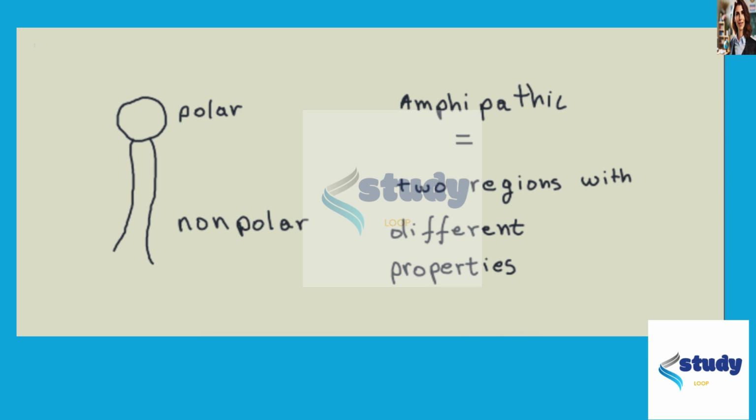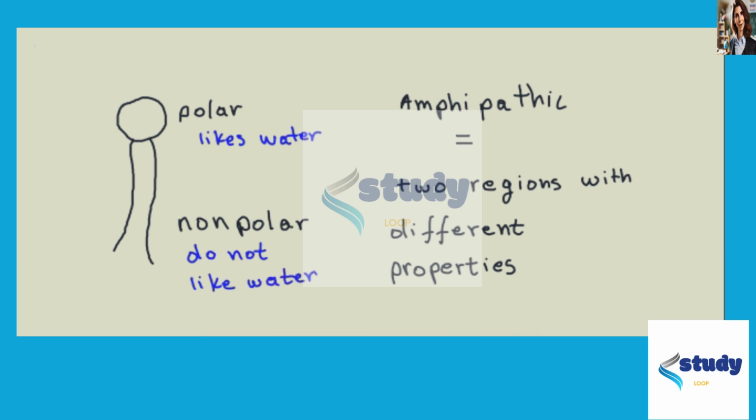Let's do a quick review of what a phospholipid looks like. Overall, or just real broadly, it has a polar head, which means it likes water, and a nonpolar tail or two nonpolar tails, which do not like water.